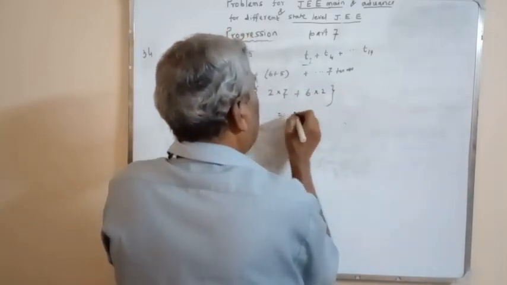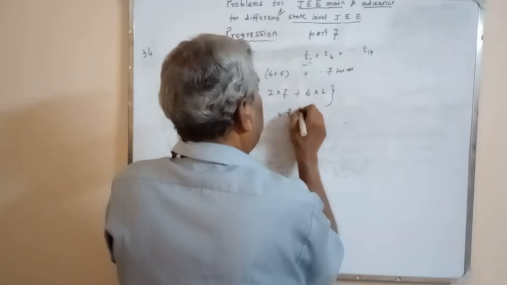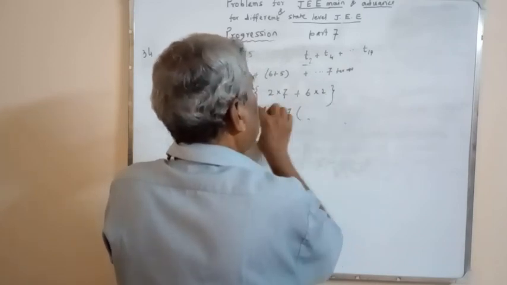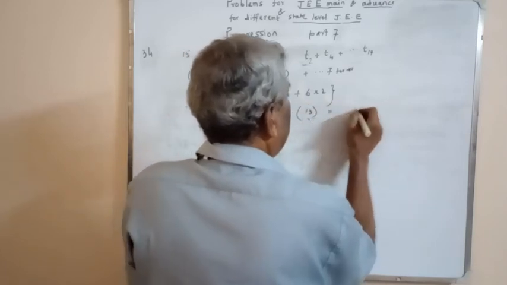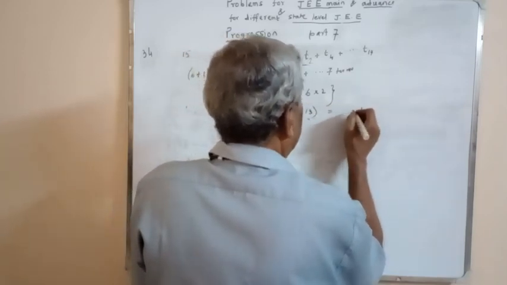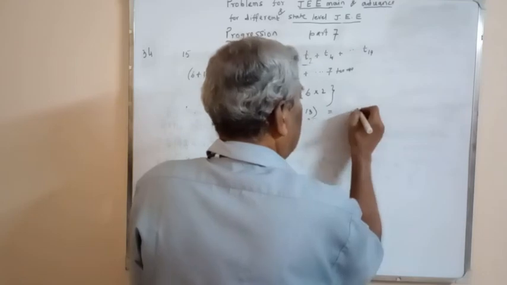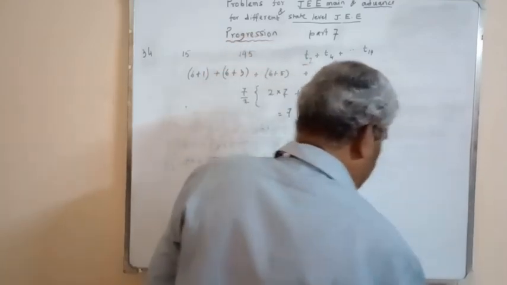So it is equal to 7 into 13, the 2 cancels, which is 91.